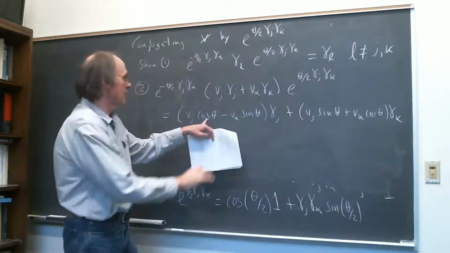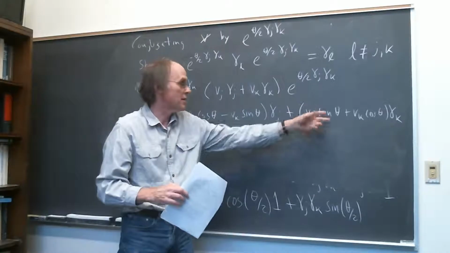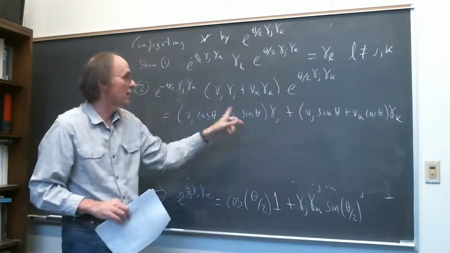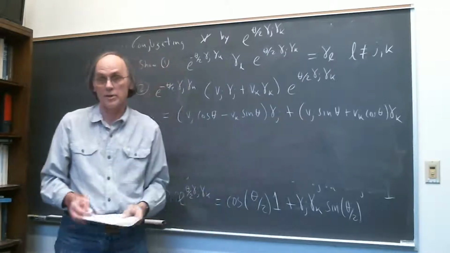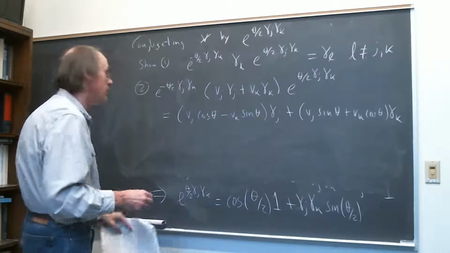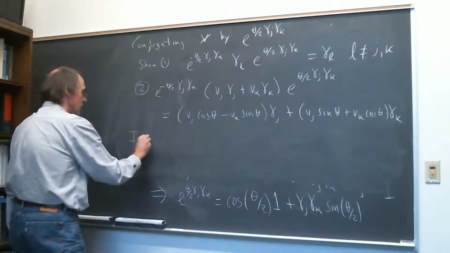And these coefficients are exactly what you get by a rotation by theta in the jk plane. This is exactly the rotation of the coordinates you expect. And so in general, generator.